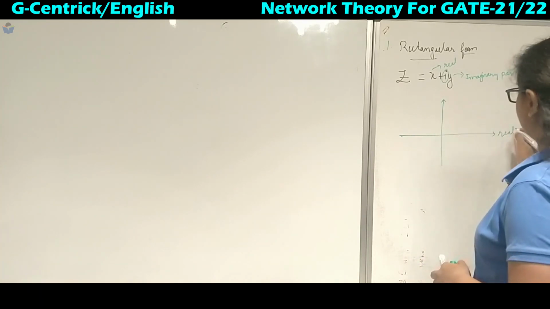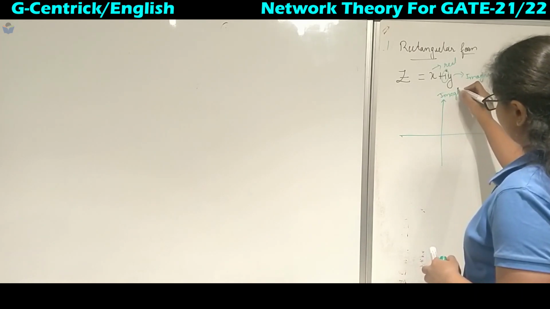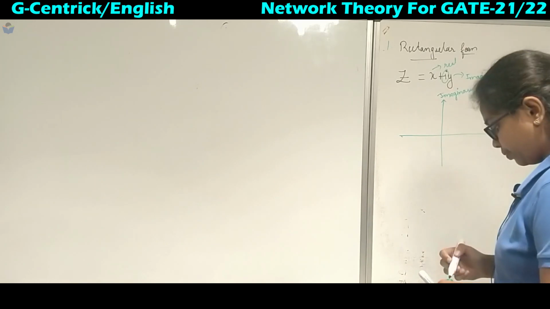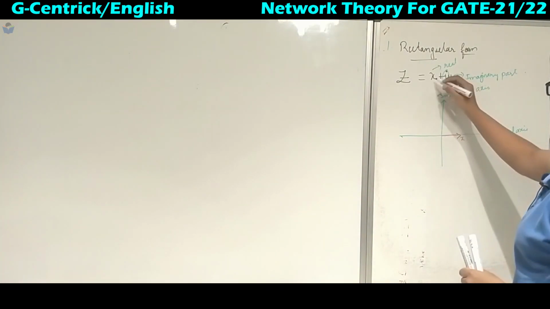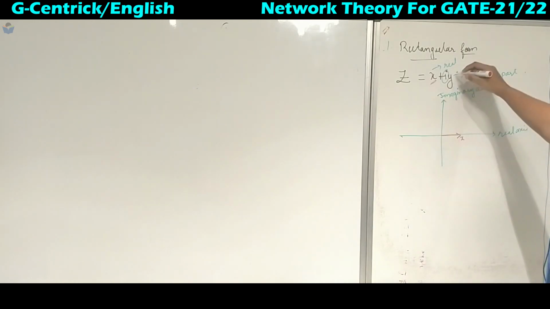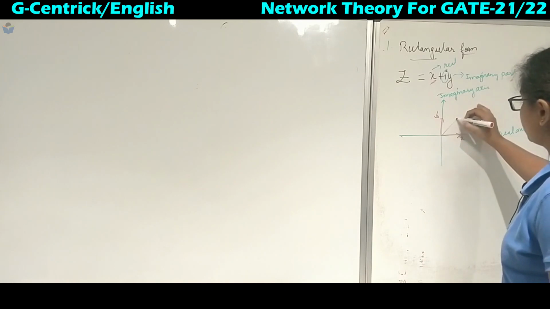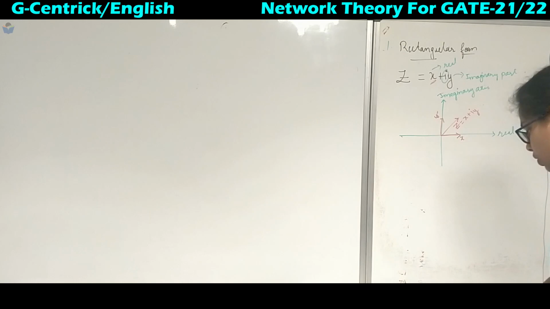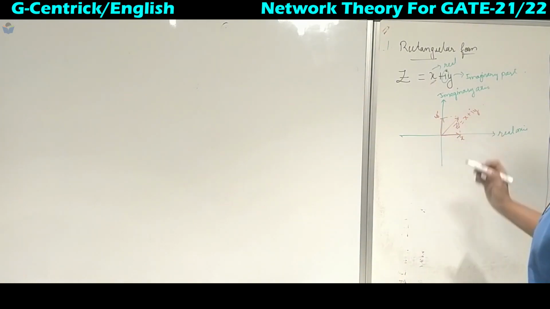The x axis is the real axis and the y axis is the imaginary axis. Here x is the real part having some value, and then we have the imaginary part having some value. So this represents z, which is nothing but x plus jy. This is the representation of the Cartesian or rectangular form.